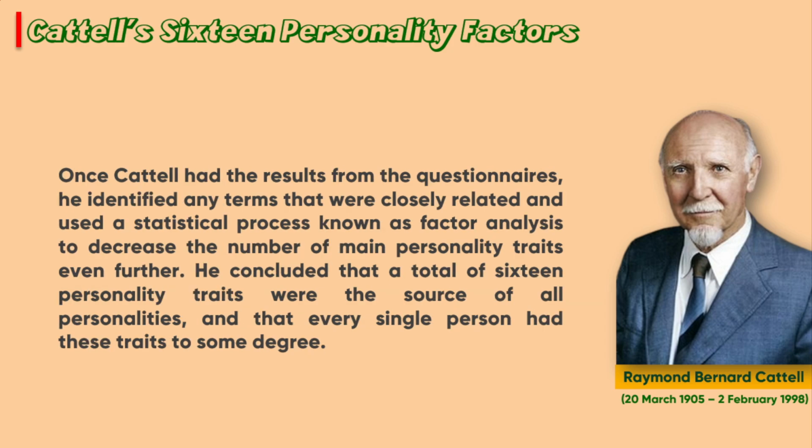Once Cattell had the results from the questionnaires, he identified any terms that were closely related and used a statistical process known as factor analysis to describe the number of main personality traits even further. He concluded that a total of 16 personality traits were the source of all personalities, and that every single person had these traits to some degree.